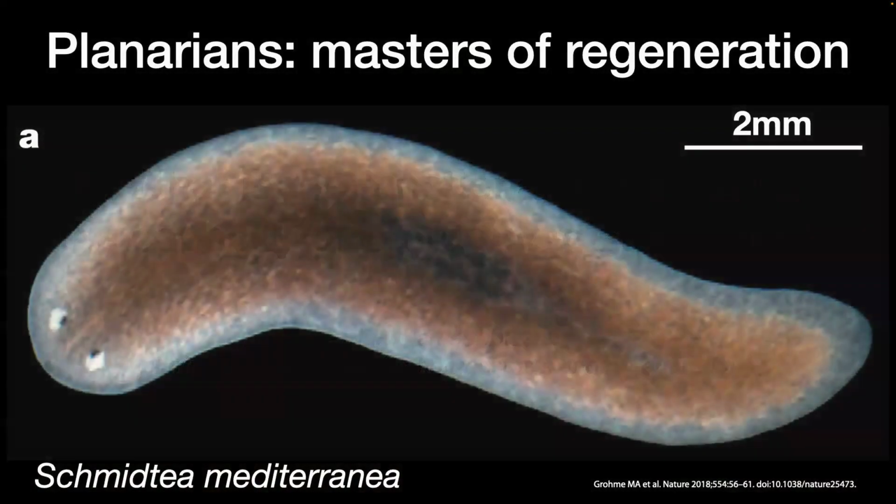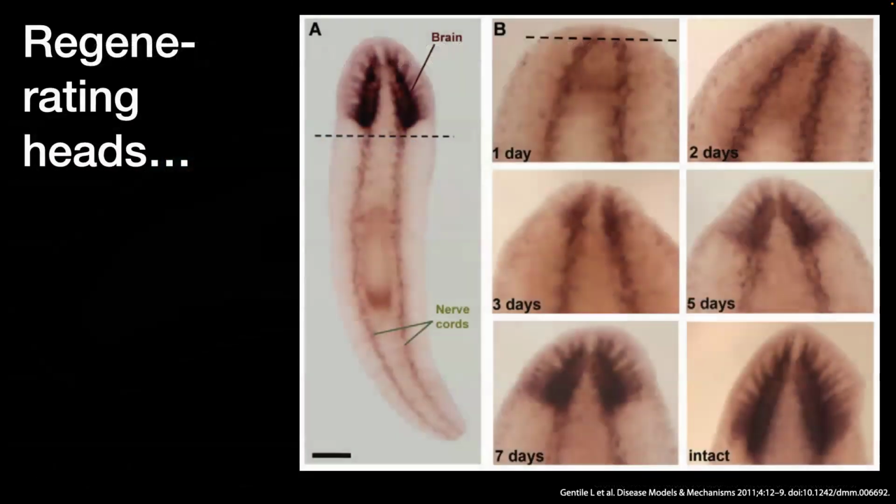So I'm introducing to you Schmidtea mediterranea, which is the key molecular model system for planarians. These can regenerate enormously well. You can chop them into small pieces. They can all regenerate. They can regenerate heads. When you cut the head off, basically a new head is forming within days.